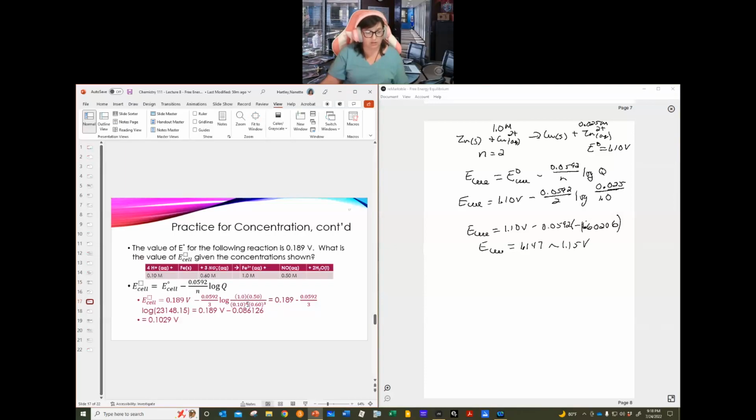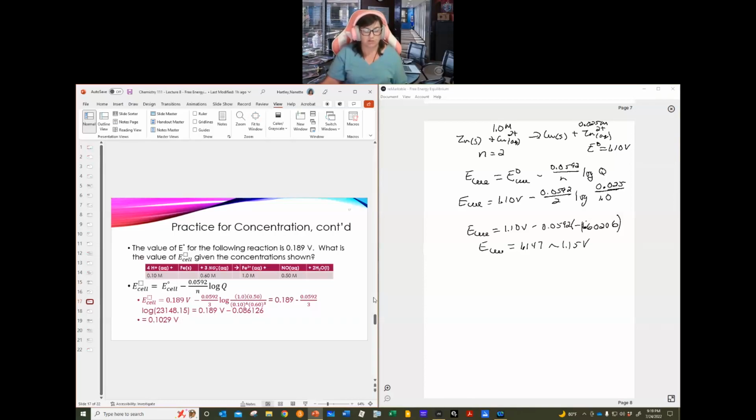And that's all of that happy math. So 0.189 minus the 0.0592 over 3 times the log of 23.23148.15, which then gives me my 0.1029 volts. Okay, so we've gone from 0.189 to 0.1029.